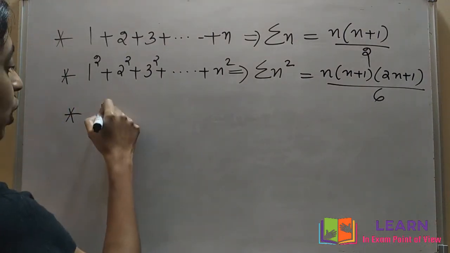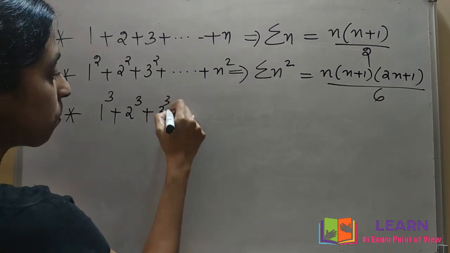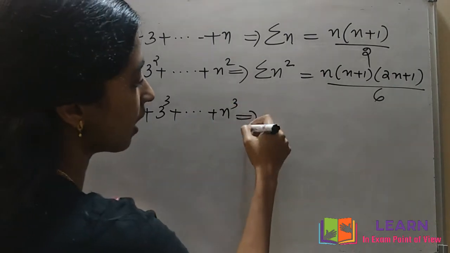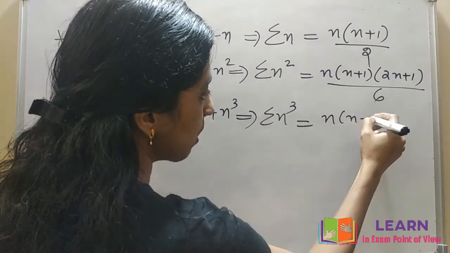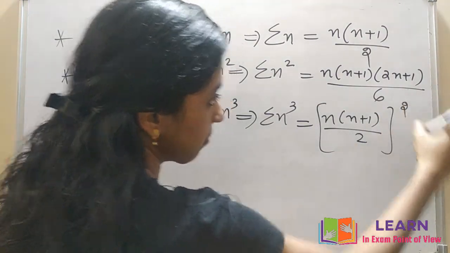Then if it is cube, 1 cube plus 2 cube plus 3 cube plus etc. plus n cube, you will write summation n cube. It is n into n plus 1 by 2, the whole square.